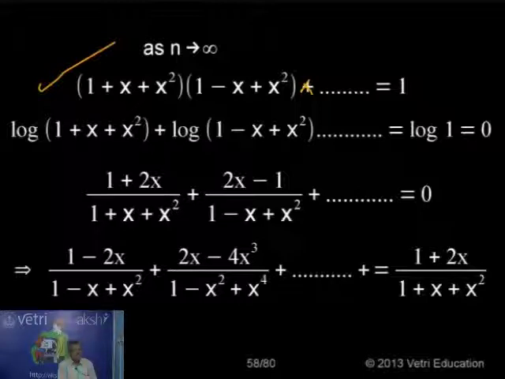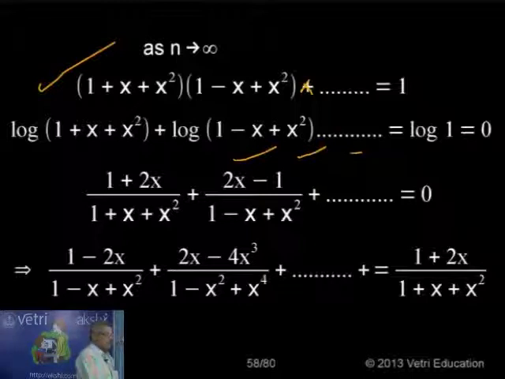Now we differentiate term by term. Differentiating the first term, 1 over 1 plus x square, times the derivative of x plus x square, which is 1 plus 2x. For log of f(x), the derivative is 1 by f(x) times f dash x. Differentiating the next, 1 minus x plus x square, into 2x minus 1, etc. What you do is, you retain the first term as it is, and bring all other terms to the other side.